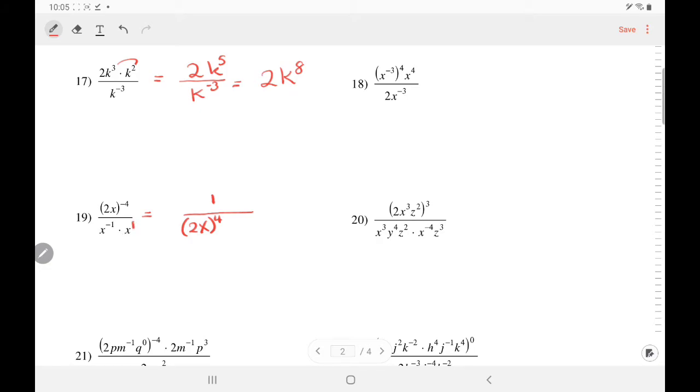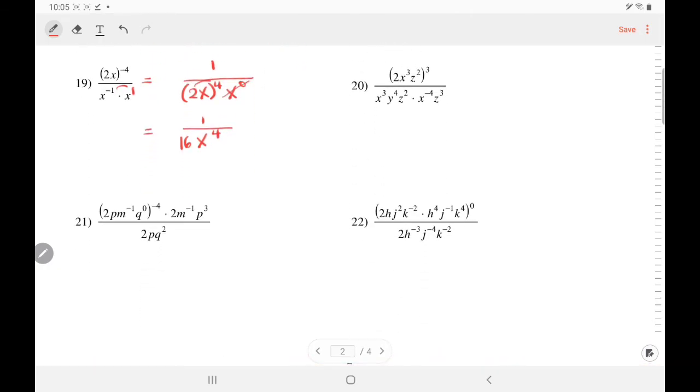There's an invisible 1 here, and you want to add the exponents. Negative 1 plus 1 is 0. And we know that anything to the power of 0 is 1, which we don't need to write. So 1 over, distribute your power. 2 to the 4th is 16, and x to the 4th.